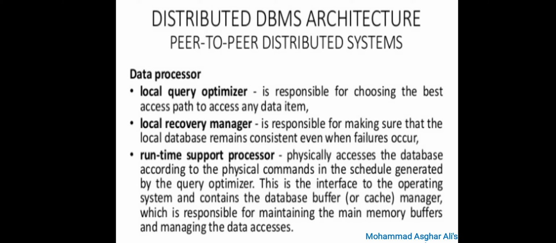The first one is the local query optimizer, which actually acts as the access path selector, and is responsible for choosing the best access path to access any data item. The second one is the local recovery manager.